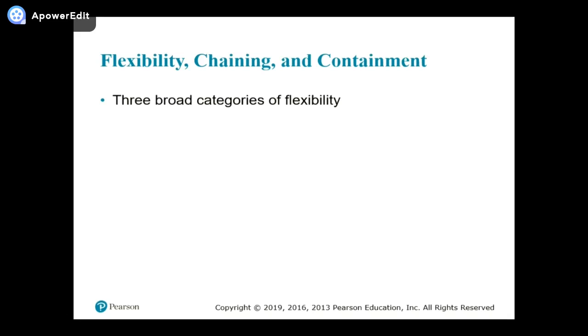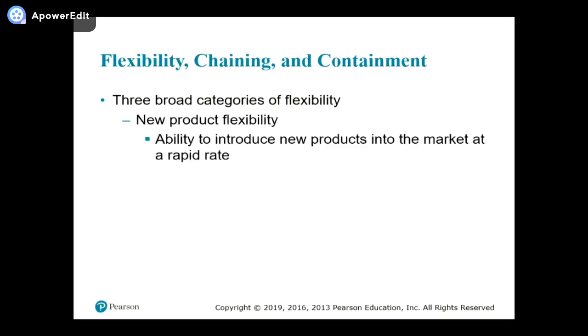So the concept of building flexibility into our supply chain is a key strategy of risk mitigation. Generally, there are three types of flexibility. One is new product flexibility, which refers to the capability for us to introduce a new product to market at a fast rate.